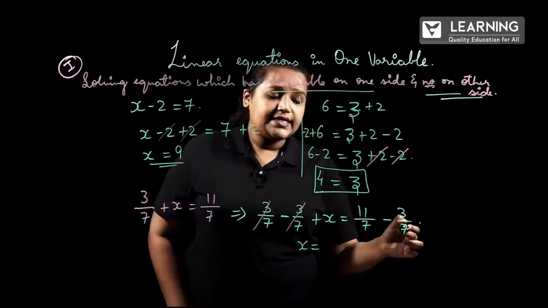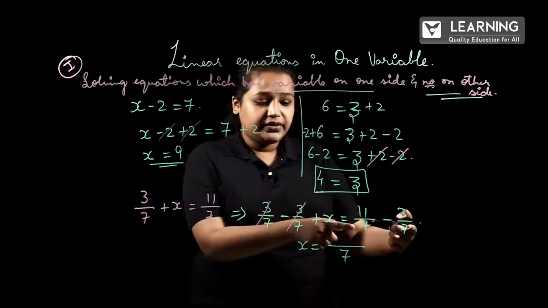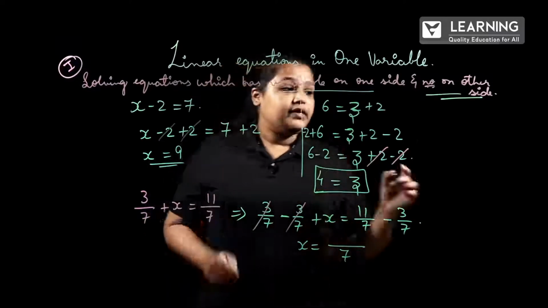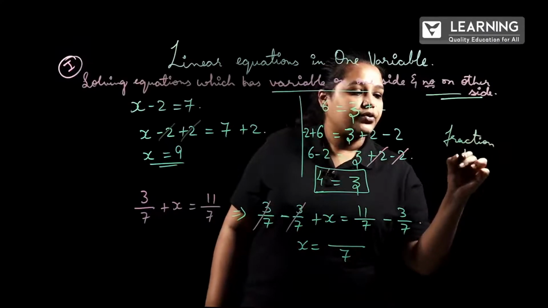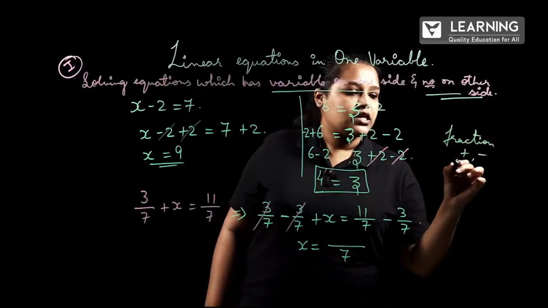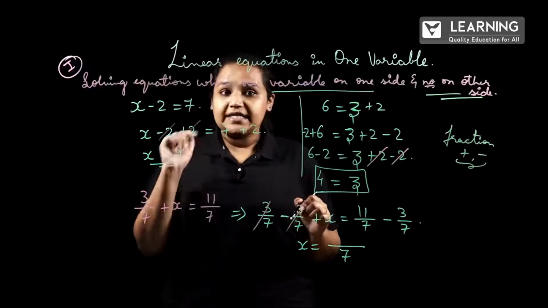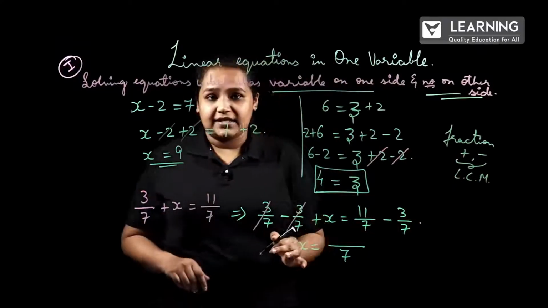since the denominators are the same, 7. Or else if the denominators are different, what do we have to do? When we were learning fractions, if we have to add or subtract, what do we follow? When the denominators are different, we have to follow the LCM, then find the answer, right?